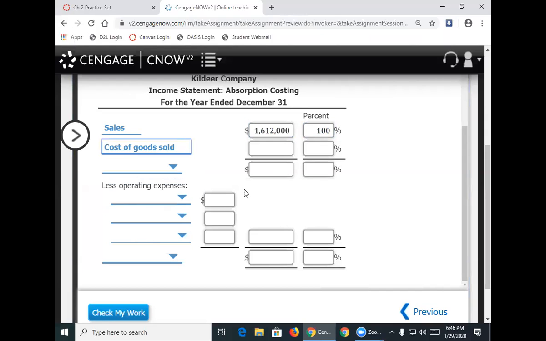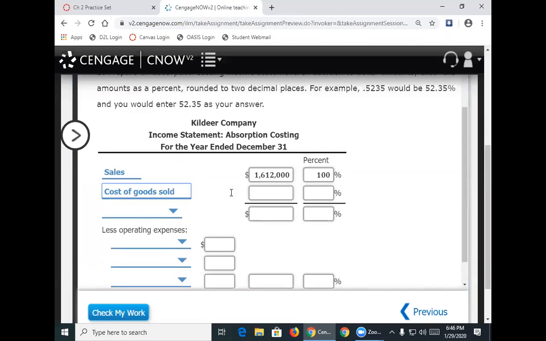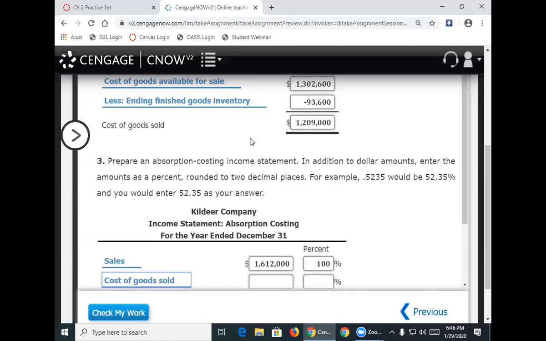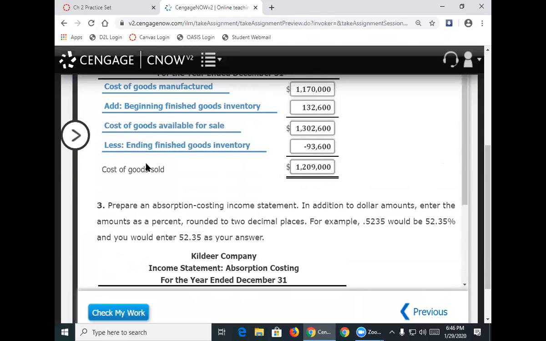What's my cost of goods sold? 1,302,600. Oh, no, never mind, that was the total available. Cost of goods sold is this one right here, up here. So it's the 1,209,000.